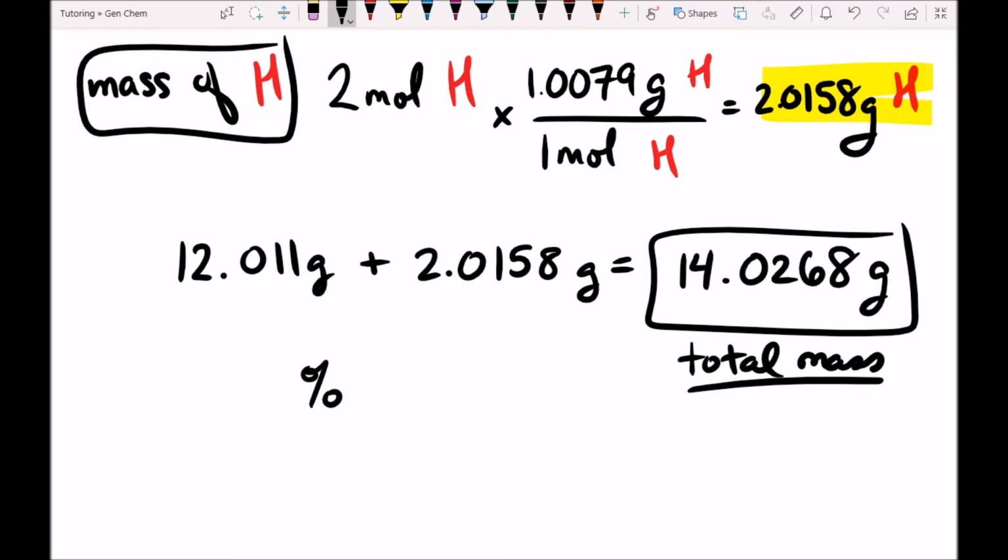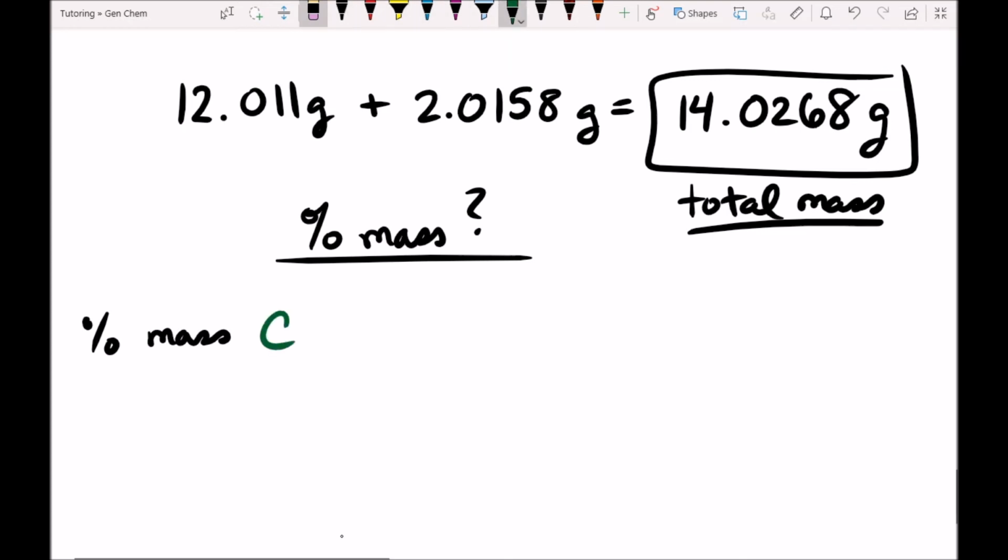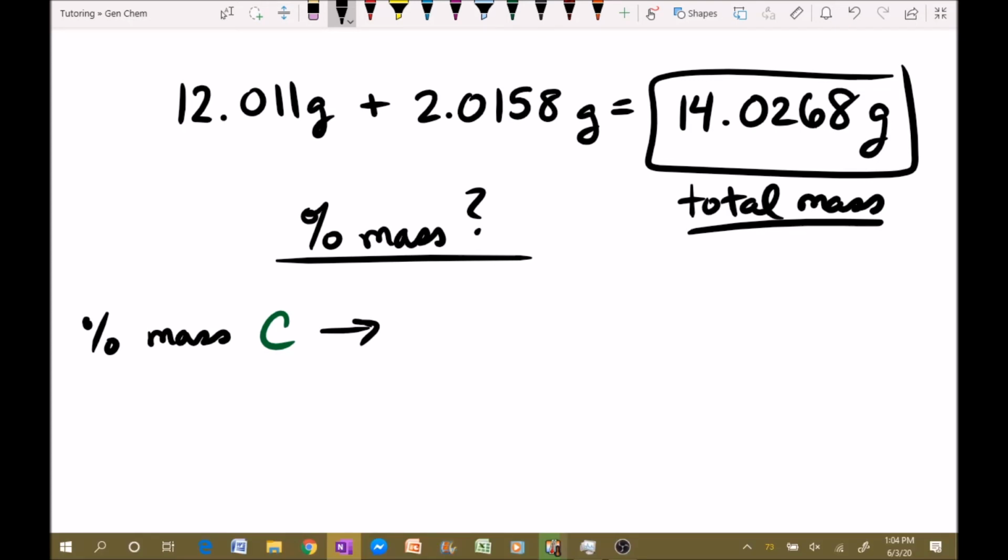And so what we're looking for is percent mass for each carbon and hydrogen. So percent mass for carbon, to determine the percent composition by weight for each element, we're going to divide the mass of carbon by the total mass, and then the mass of hydrogen atoms by the total mass of 1 mole of CH2.